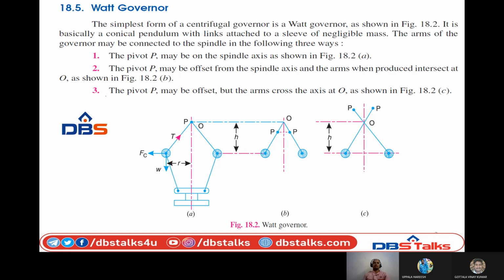The arms of the governor may be connected to the spindle in the following three ways.